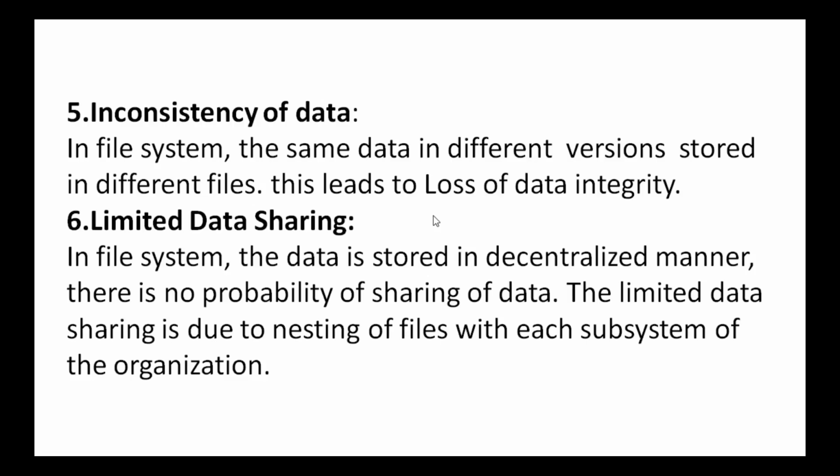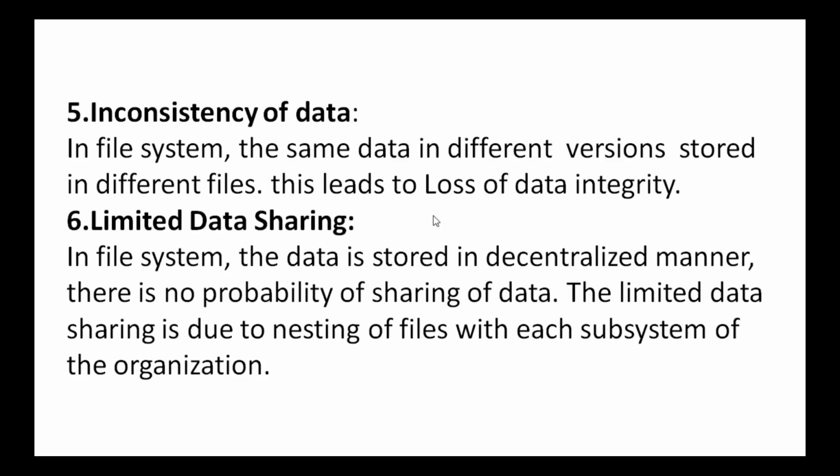The next disadvantage in the file based system is inconsistency of data. Data inconsistency exists when different and conflicting versions of the same data appear in different places or different files.